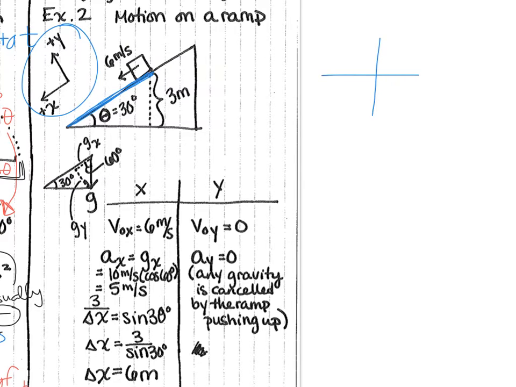So normally this is our y direction and this is our x direction, and we just tilt this axis so that now x is along the ramp and y is perpendicular to the ramp. And as long as x and y are perpendicular to each other, this makes sense.